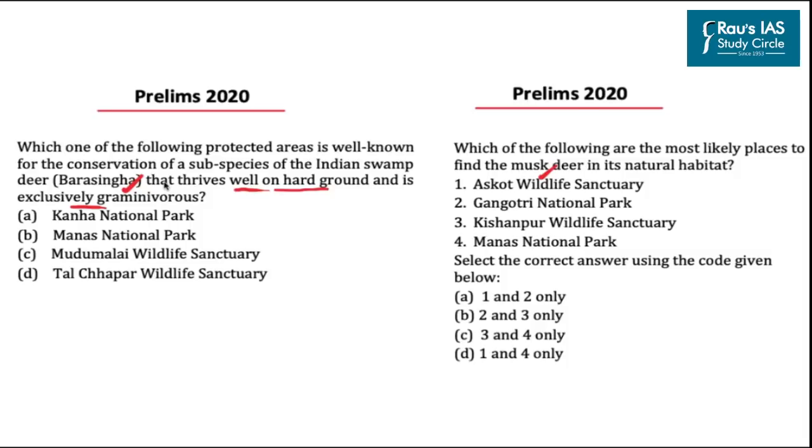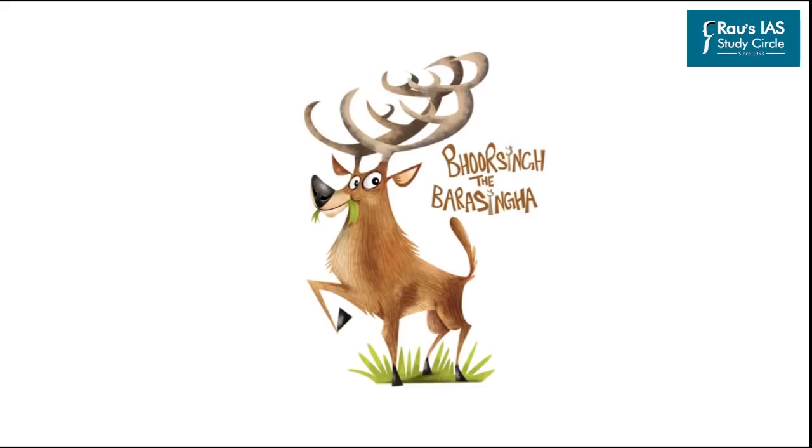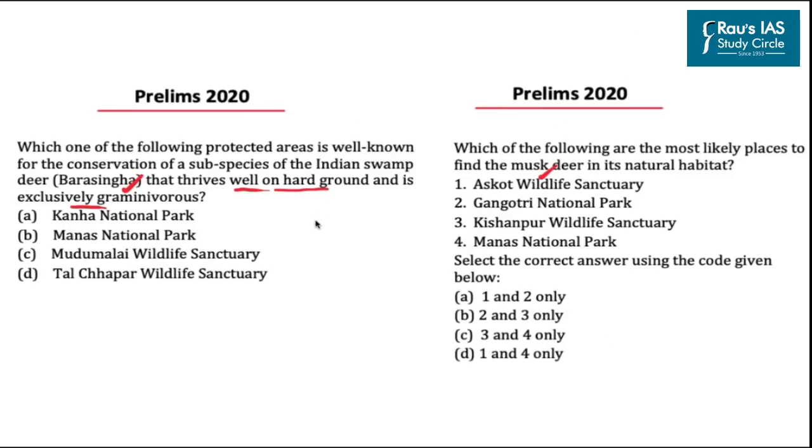And if you remember, in 2017 and 18, Kanha became the first tiger reserve in India to officially introduce a mascot, Bhursing, the Barasinga, to present the hard ground swamp deer as the spirit of the reserve and spread awareness to save it from extinction. Now you might wonder that this particular step taken by Madhya Pradesh government was taken in 2017.